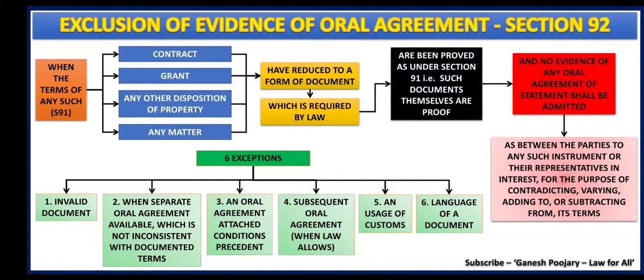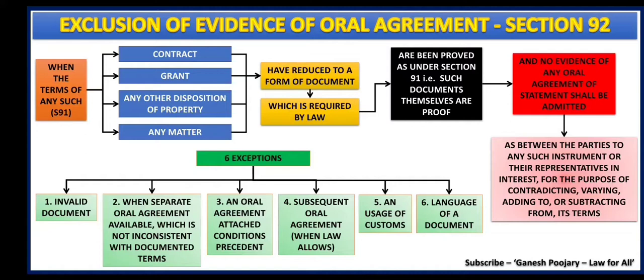Now, such documents, that is contract, grant, any other disposition of property or any matter, are proved as per section 91 already. In that case, the documents themselves are the proof and no evidence of any oral statement can be admitted.